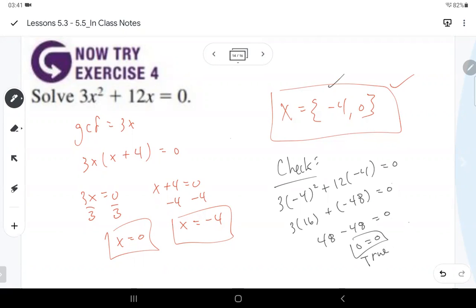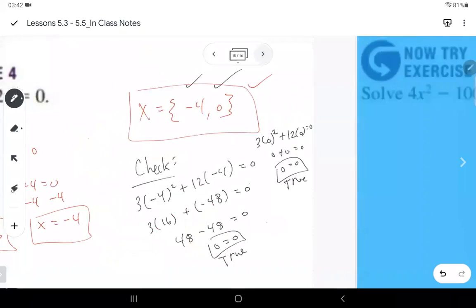So negative 4 works. And then the check for 0 is just 3 times 0 squared plus 12 times 0 equals 0. 0 plus 0 equals 0. 0 equals 0 is true. So the 0 works as well.